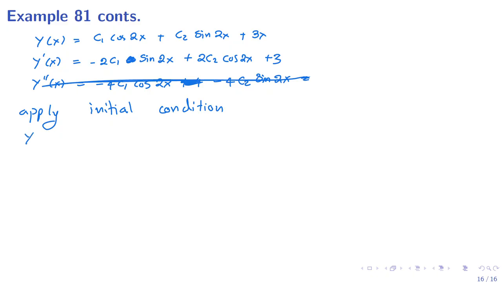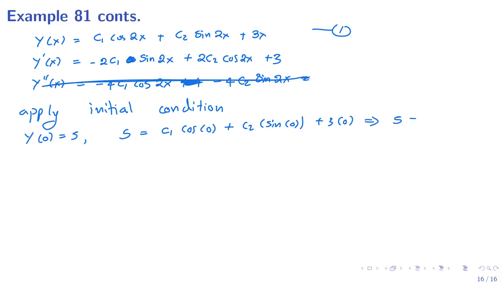Let's apply y of 0 equals 5 using the first one. Then 5 equals c1 times cosine 0 plus c2 times sine 0 plus 3 times 0, which means 5 equals c1.